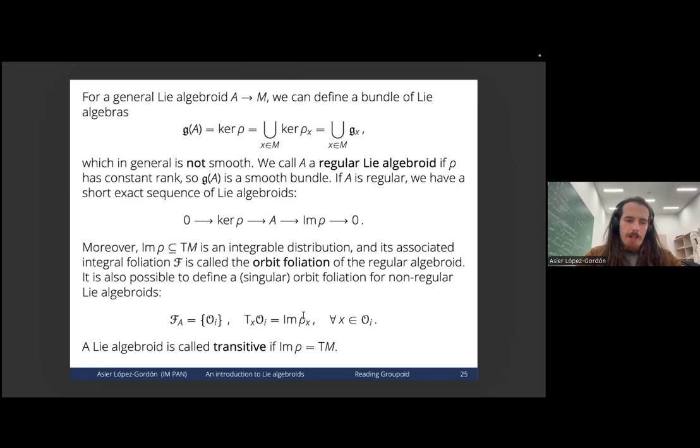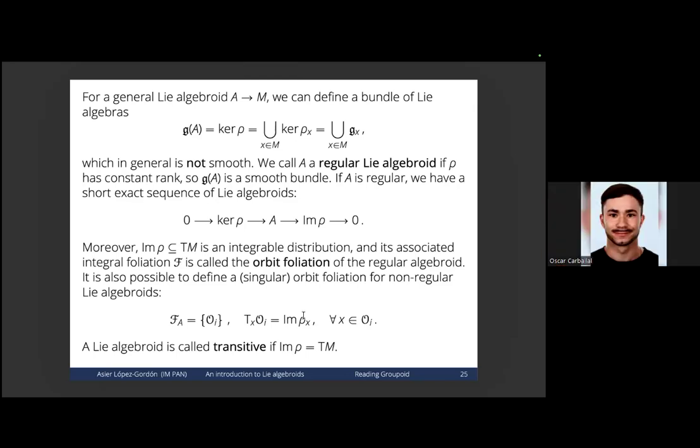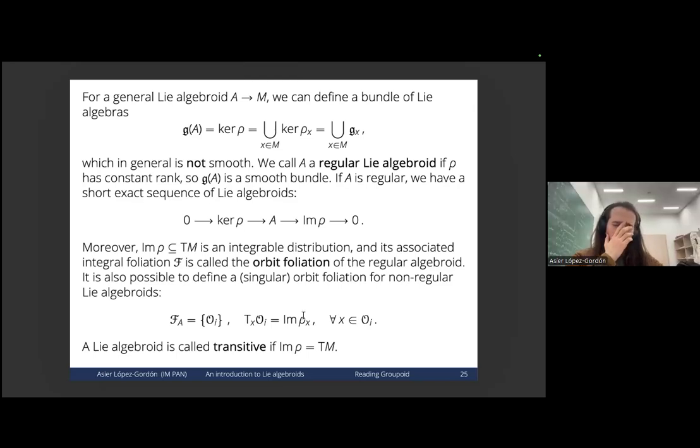Yeah, sometimes when working with these singular objects, what people do is work with things that are singular but not so singular, let's say. You impose some sort of restriction, and maybe you have some singular foliation but not extremely singular, then you can associate a Lie algebroid, but I should check.